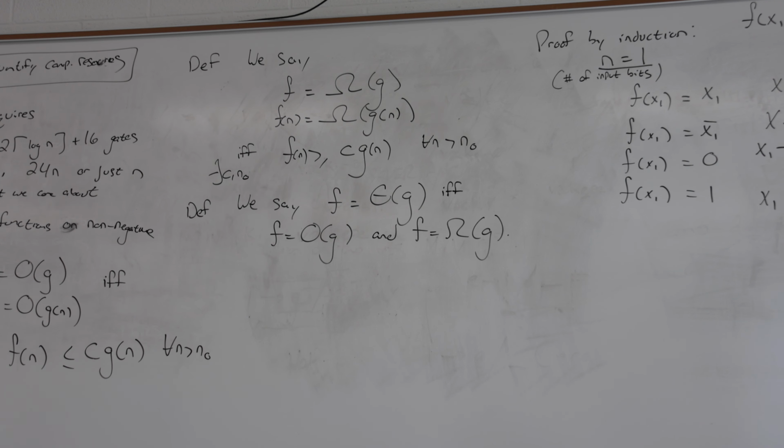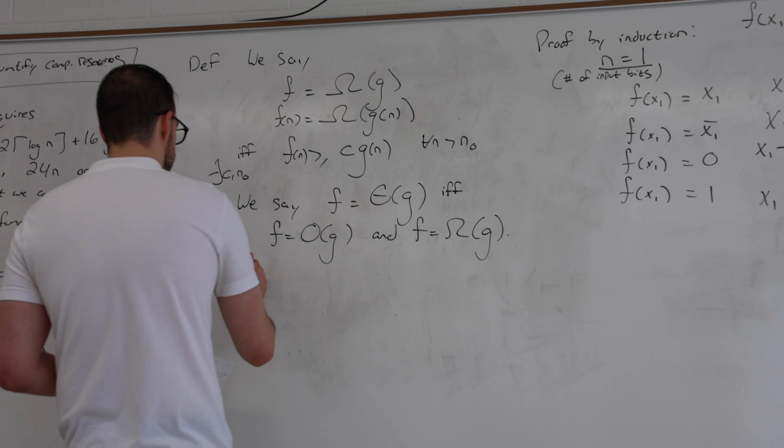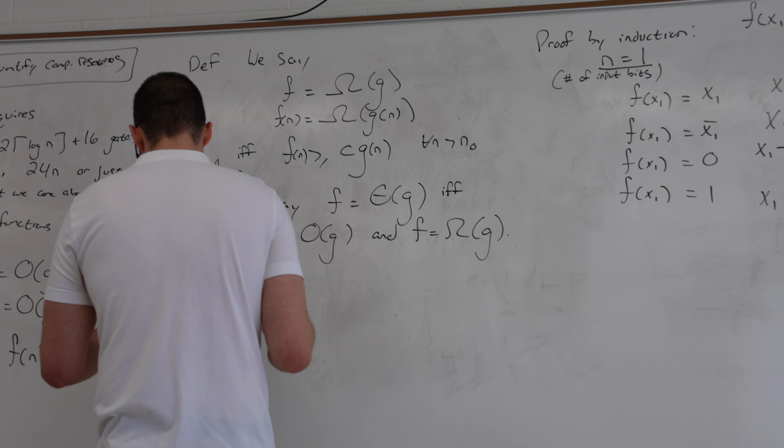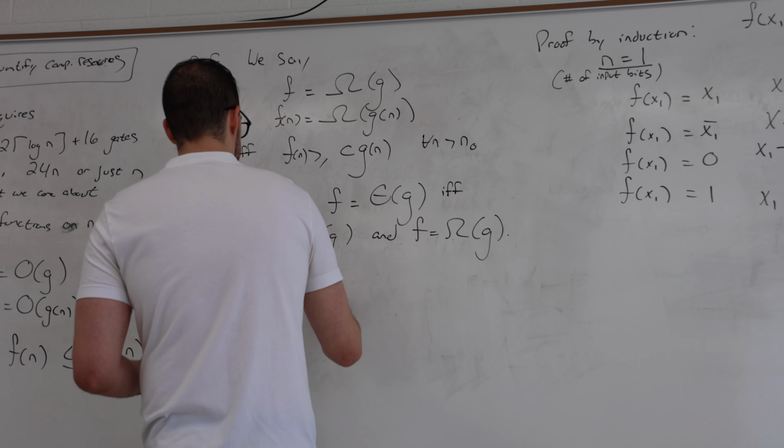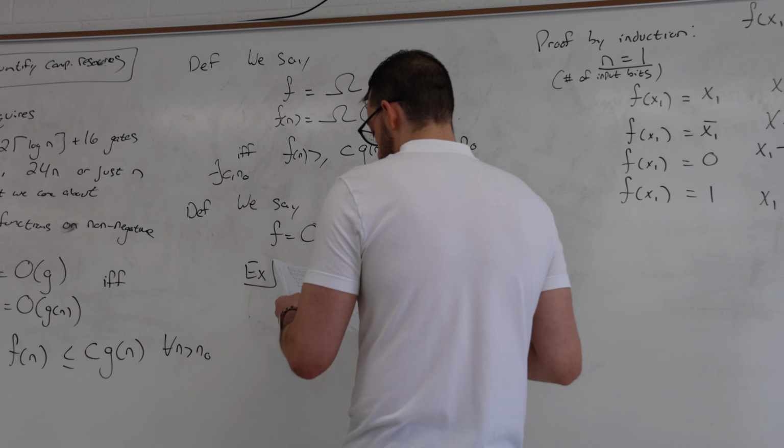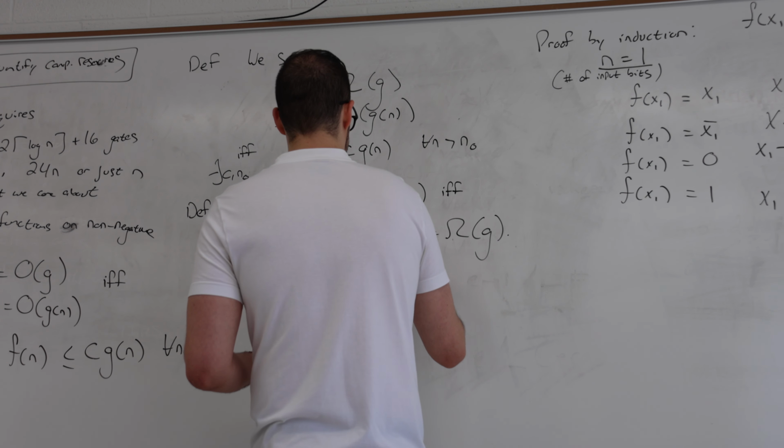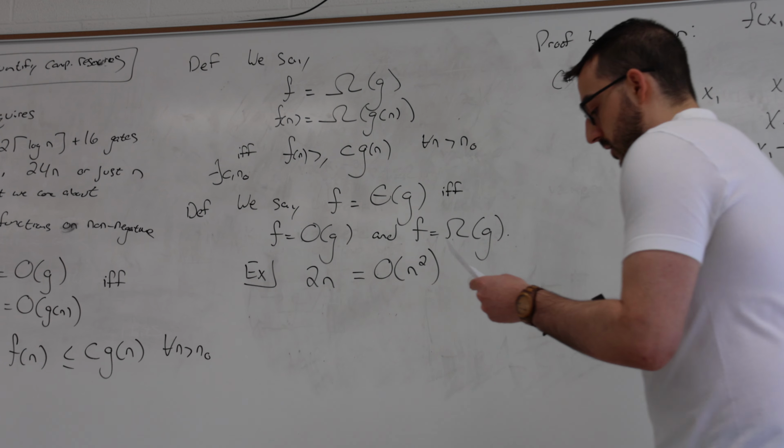Let's see some examples of this just to make it more concrete. So one example is that this linear function 2n is big O of n squared. Why?